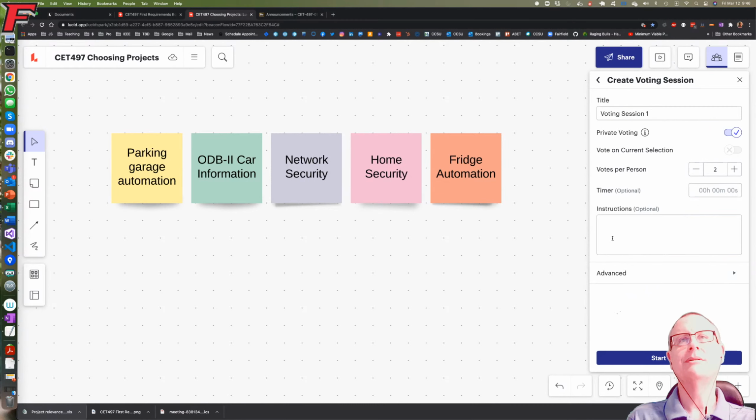And I've just put the 5 items on there. As you can see, I'm going to kick off a vote, and you'll get 2 votes each. So we should have a total of 20, and once the vote is over, we'll have a look at what the results are and see what that tells us.